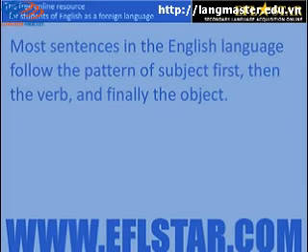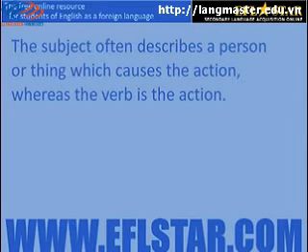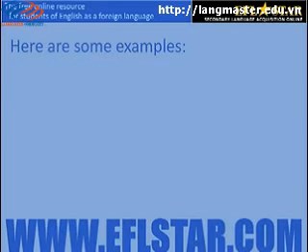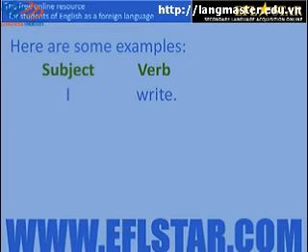Most sentences in the English language follow the pattern of subject first, then the verb, and finally the object. The subject often describes a person or thing which causes the action, whereas the verb is the action. Here are some examples. I write.